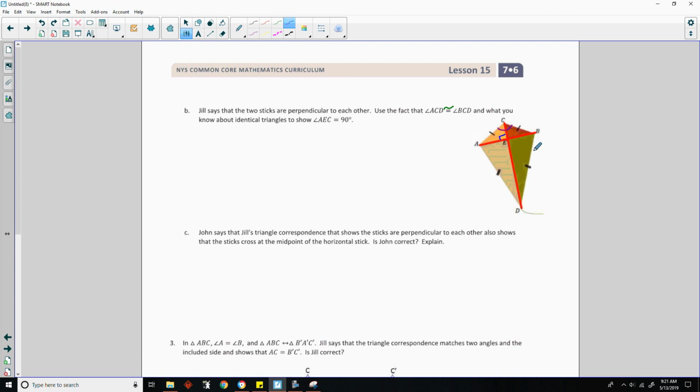All right, so we already know that this triangle is congruent to this triangle. That's a fact. All right, so we have this side equal to this side. We already know that. And the length of this side is equal to this side. And this side is equal to itself. We already discussed that in the last problem.